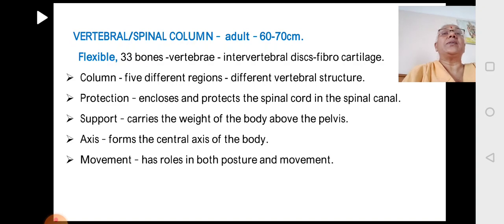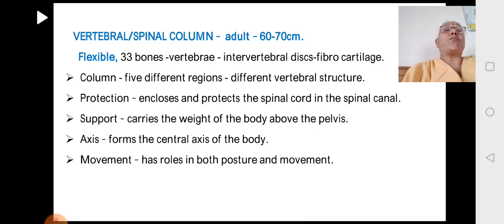The function of the vertebral column is to protect the spinal cord, which is present inside the spinal canal of the vertebral column. It supports the body. It will carry the weight of the body which is above the pelvis. Pelvis is the lower girdle to which your legs are attached.